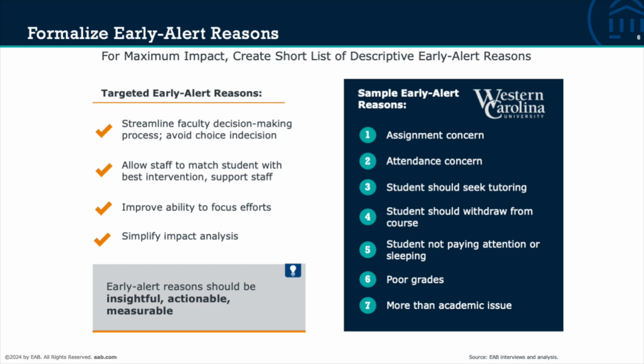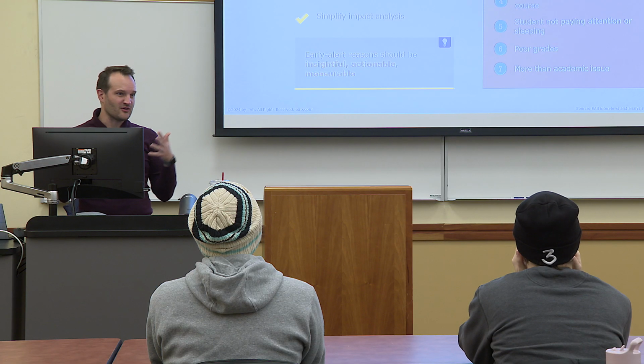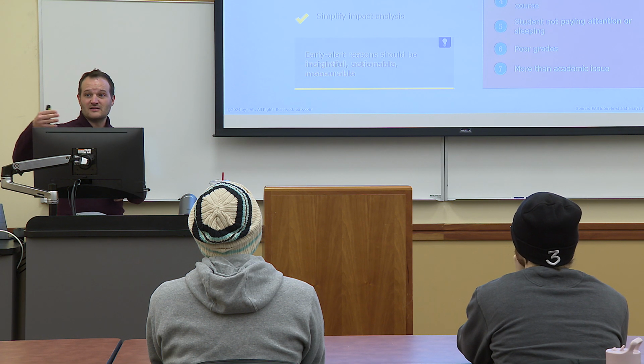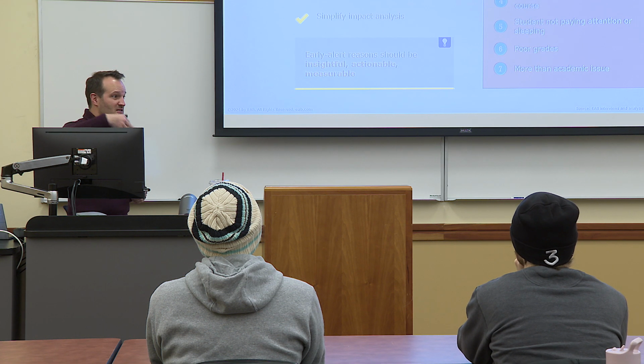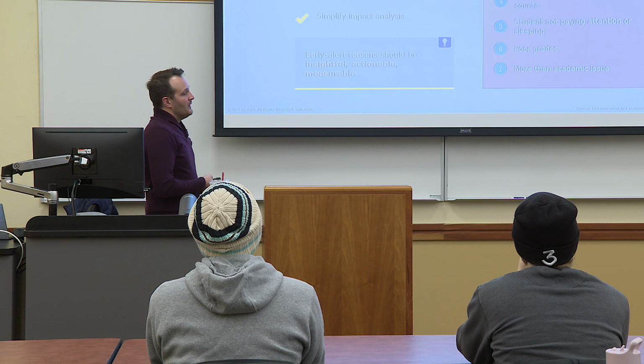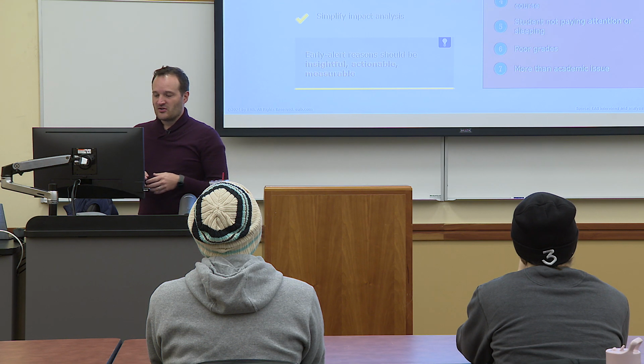Part of the value is that it is very clear for faculty raising alerts to say, yes, this is the thing I am concerned about. It also, on the back end, when we get into some of the intervention steps, can help us be clear about the next step in that process: here's the intervention pathway, here's how this needs to be triaged. So thinking about what this could look like.